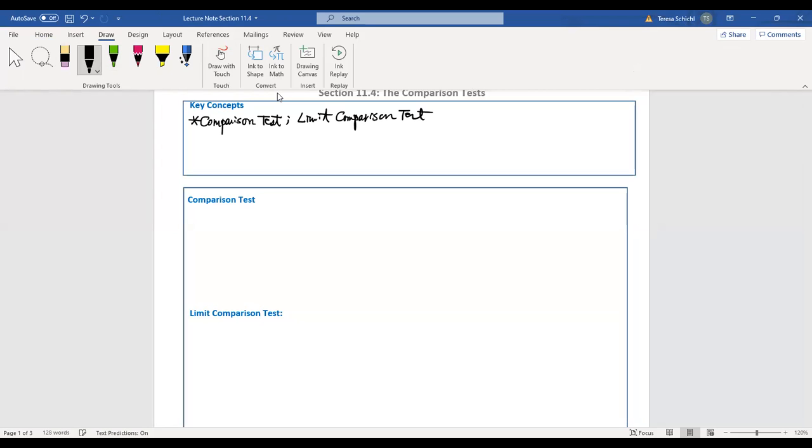The second video we're going to cover is how to estimate the sum of a convergent series.